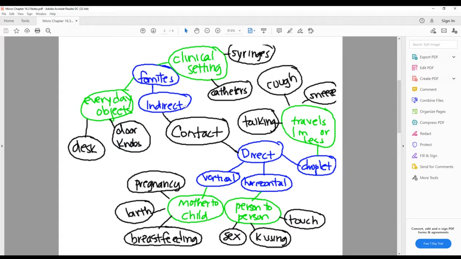So if we have syringes or needles that are being used more than once, catheters that aren't properly sterilized, these can serve as fomites as well. So all of this is considered contact transmission because you're making contact with either an infected individual or a fomite that has been contaminated.